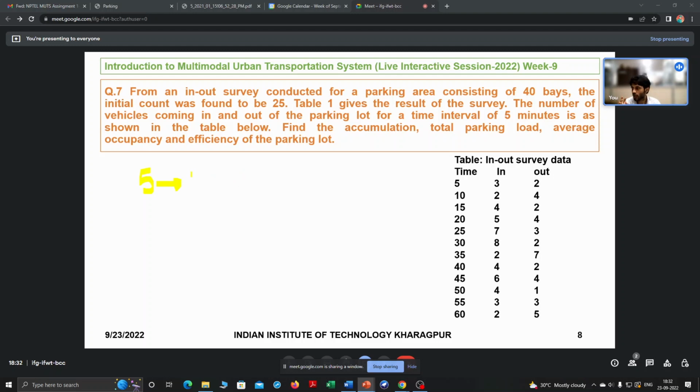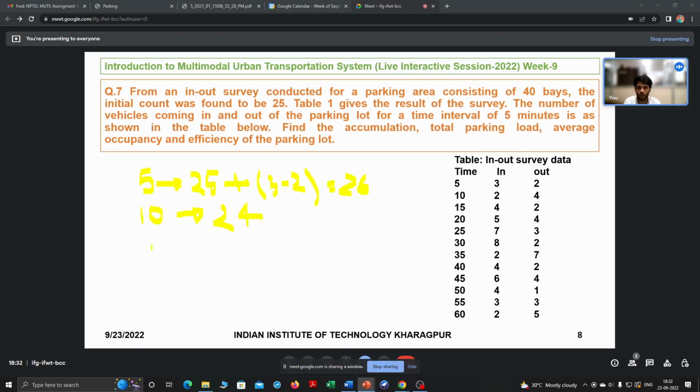So now I have 25 plus 3 minus 2, so now 26 vehicles at 5 minutes. Now in 10 minutes, 2 vehicles are in, means 26 plus 2 is 28, and 4 vehicles are out, so it will be 24, right? So you are getting it.